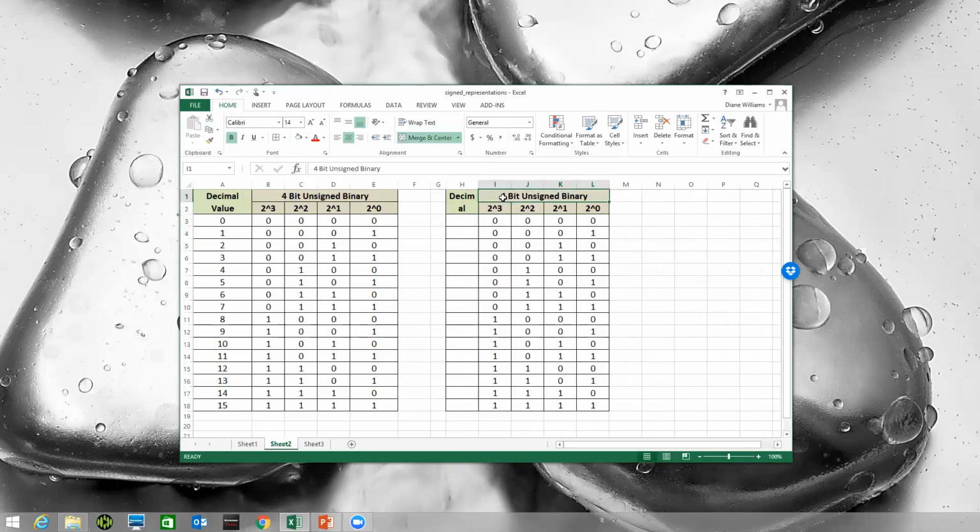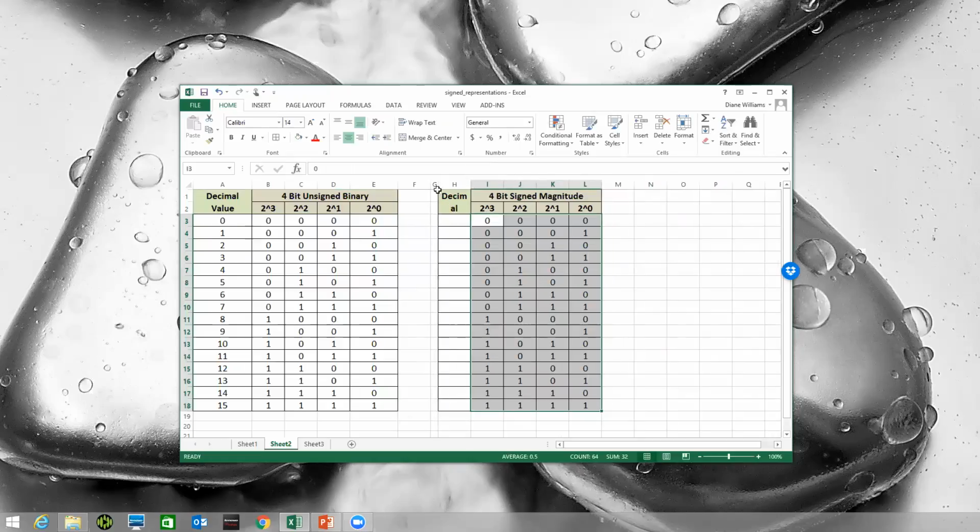All right, we're going to change this to 4-bit signed magnitude. All right, so this is the same unique binary pattern here and here that we had formed with 4 bits. But now we want to remember that this becomes the sign bit here.